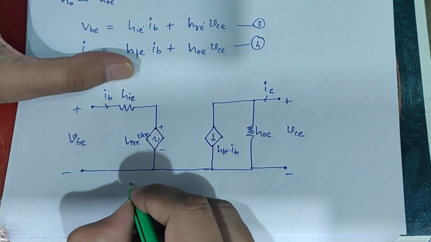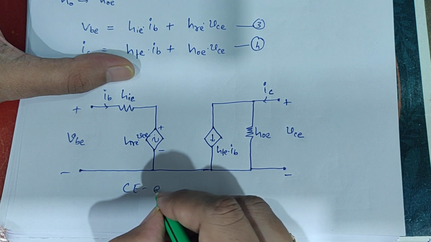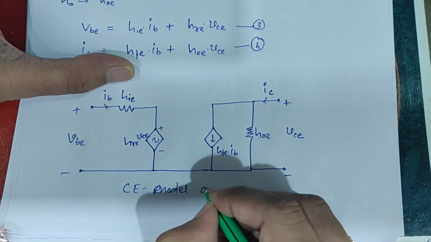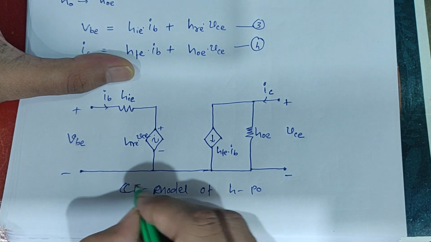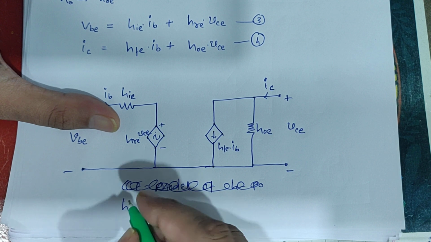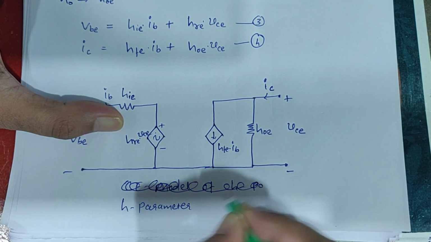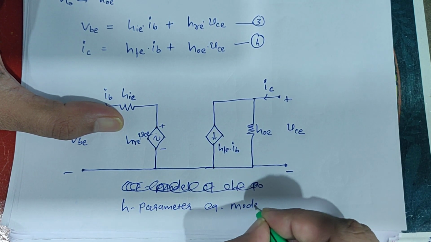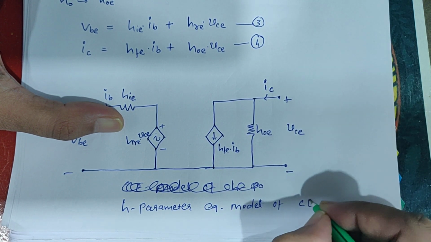Okay, so we can draw a CE equivalent model of H parameter. Sorry, we have to give the name like this: H parameter equivalent model of CE configuration.